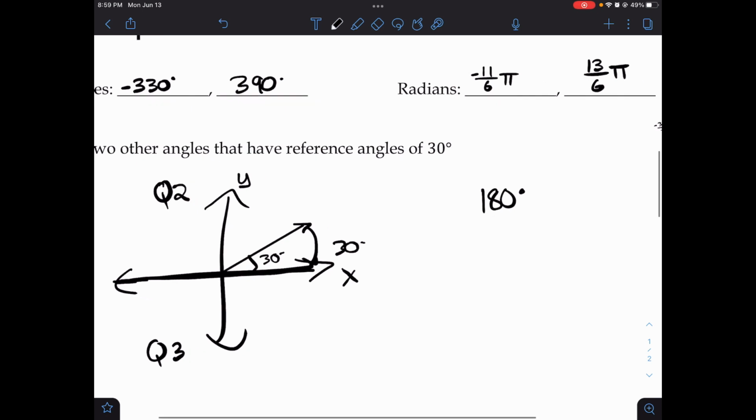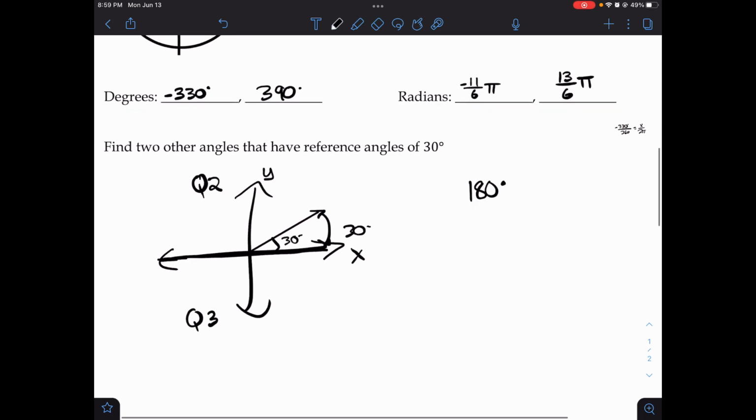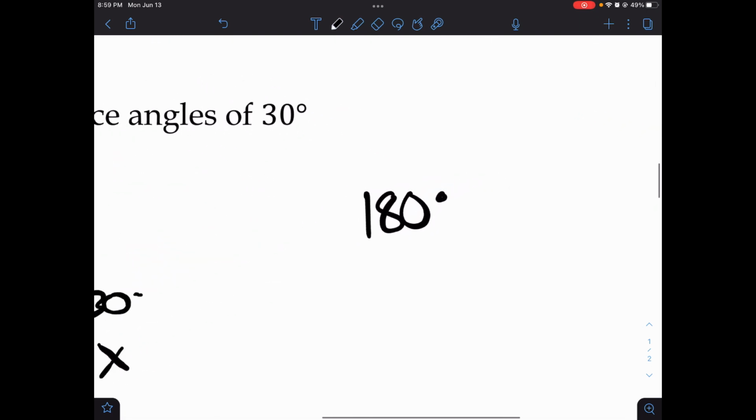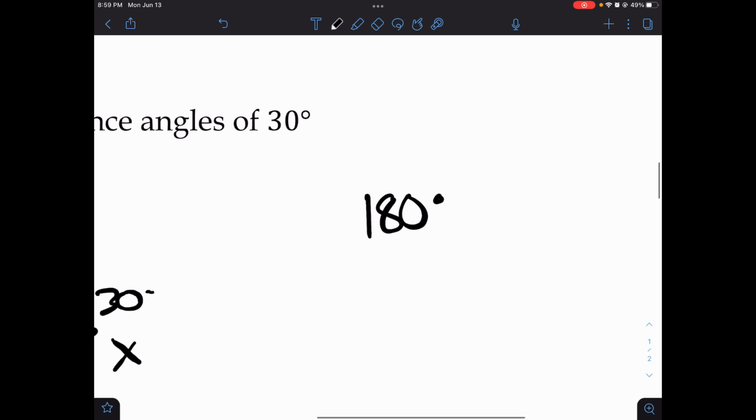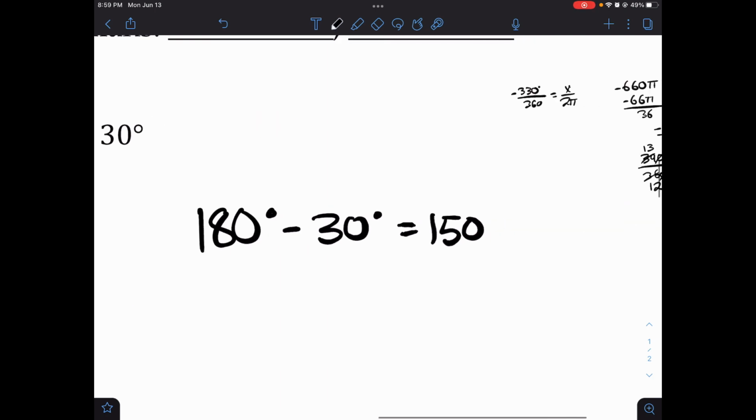So to reach 180 degrees, or like to have a reference angle of 30 which reaches 180 degrees, we'll have to subtract 30 from 180, and that will be our angle of 150.